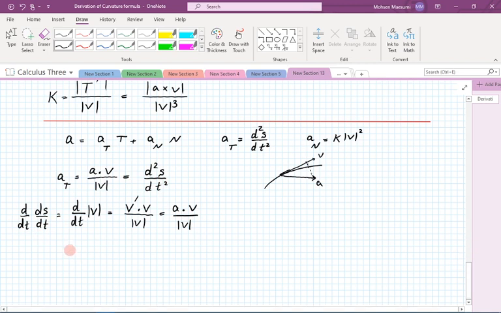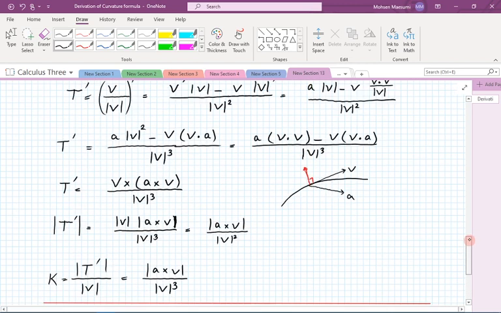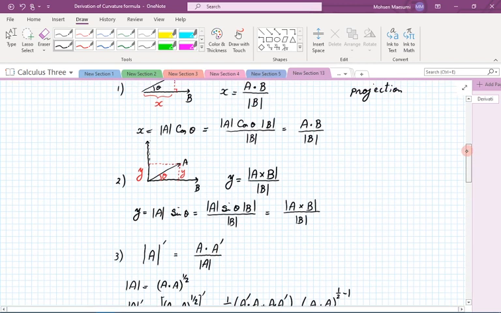If you want to find the normal component of a vector. Normal component, how did we say we do that?